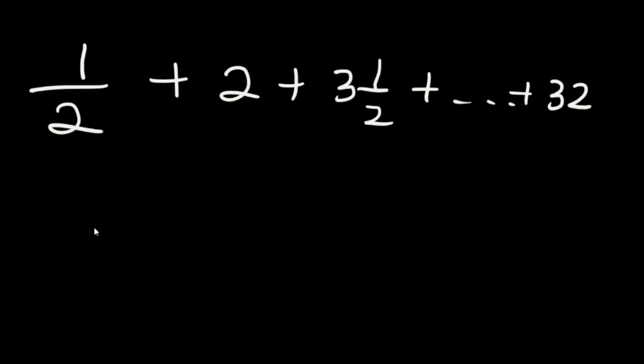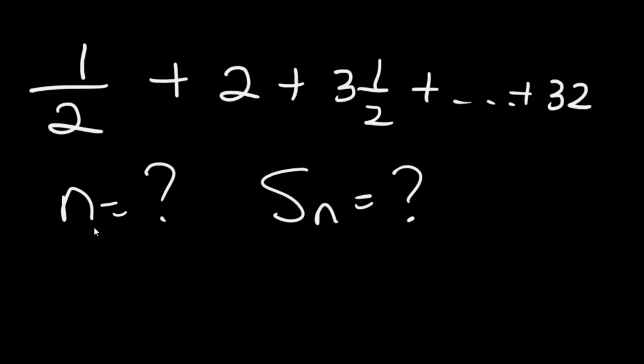Please try out this series, identify whether it's an arithmetic or geometric series, and the main thing here is to find n and Sn of this series. Then let me know in the comments the answer that you are getting, and I will give you a shout on whether it's right or wrong.